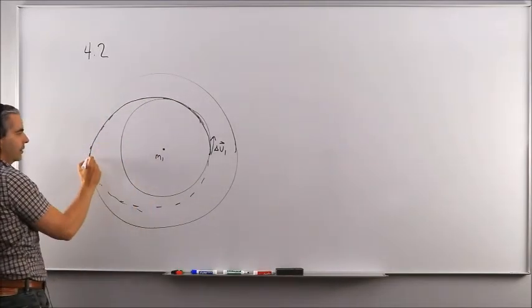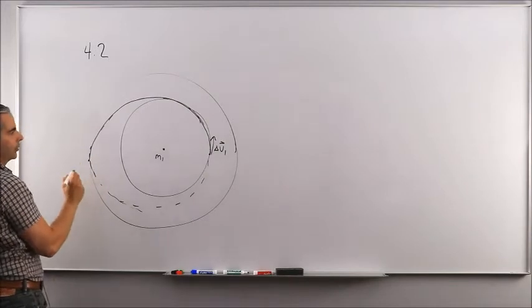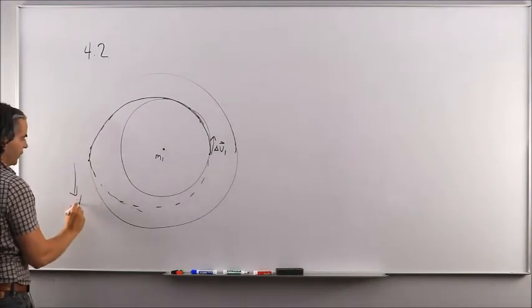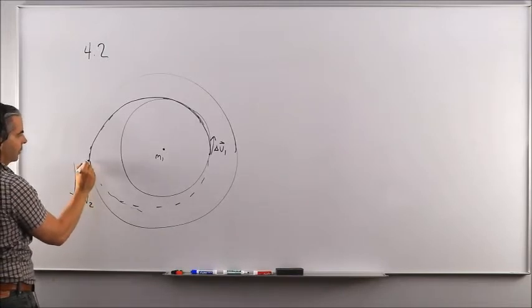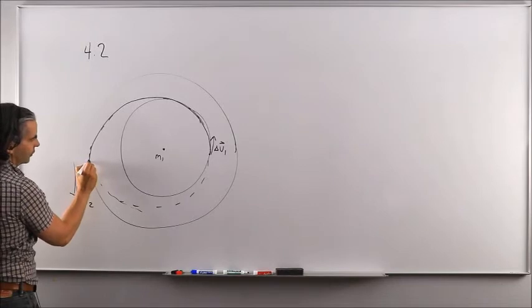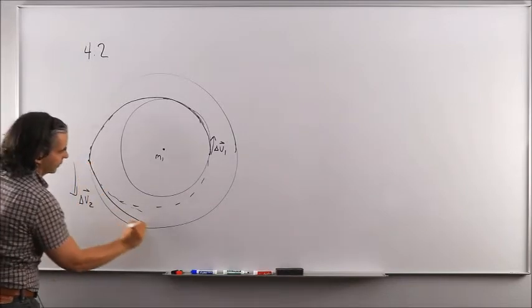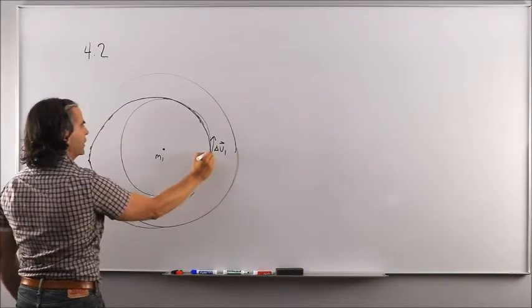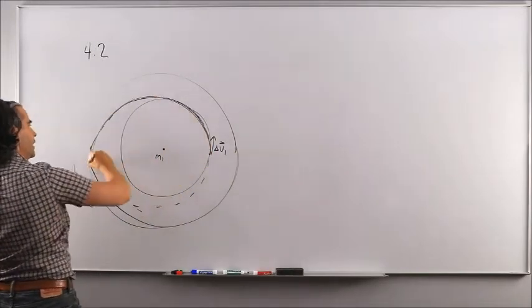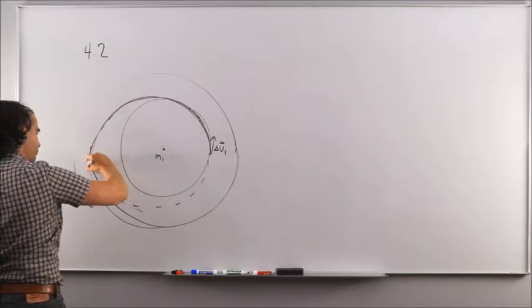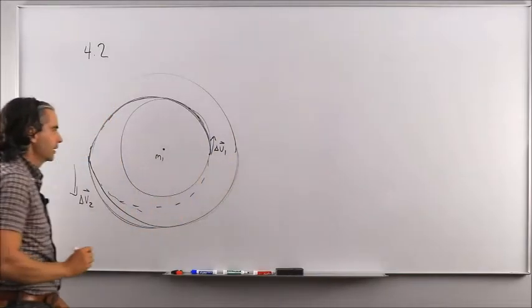And when it's going to reach this point, you'll have to apply another propulsive maneuver to increase the speed again, to go from here to the final orbit. Okay? So one delta V to go from circle 1 to transfer, and then another delta V to go from transfer to final orbit.